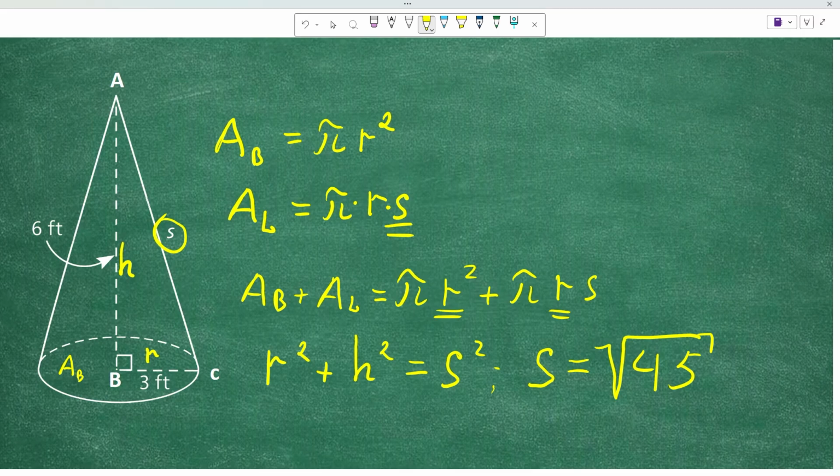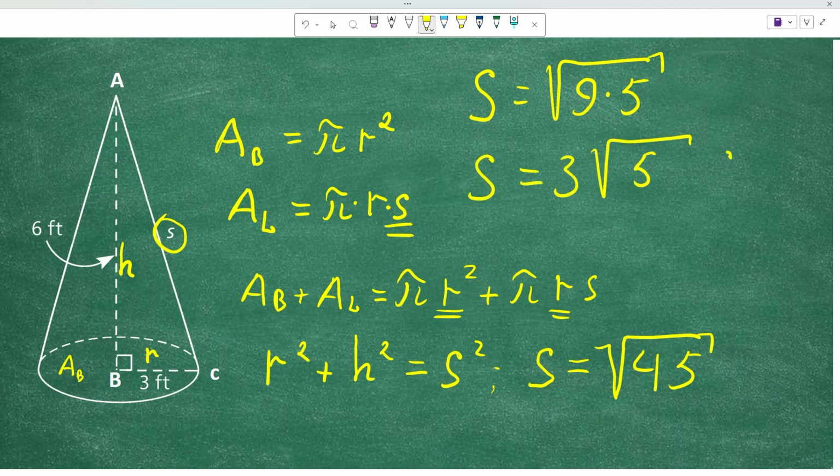Depending on the teacher, you have two options now. Let's start with simplifying the radical for maximum exact math points. 45 is 9 times 5. So s is the square root of 9 times 5. Since the square root of 9 is 3, we get s equals 3 square root of 5 feet.